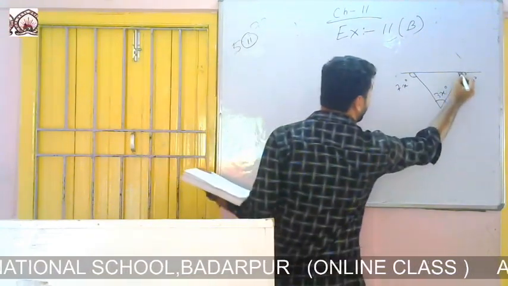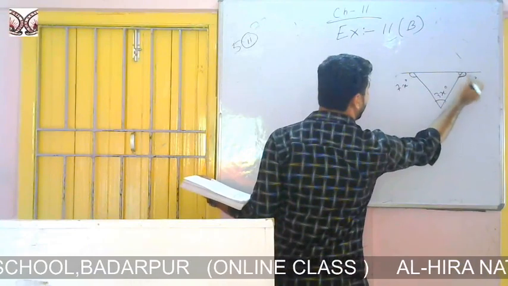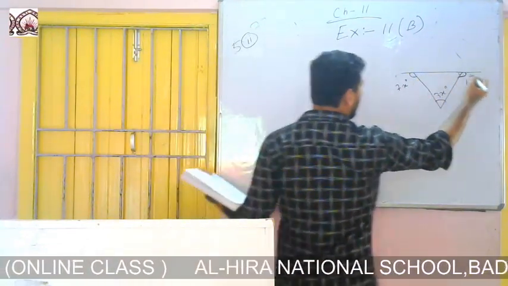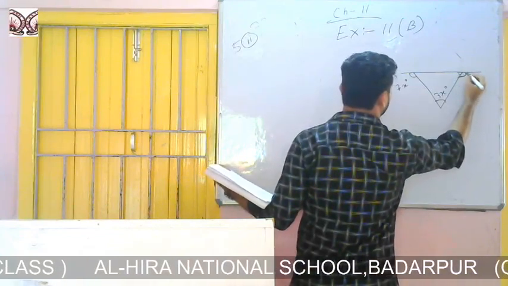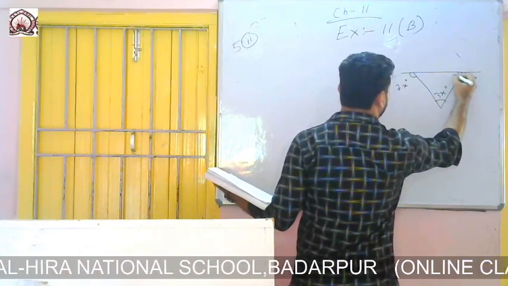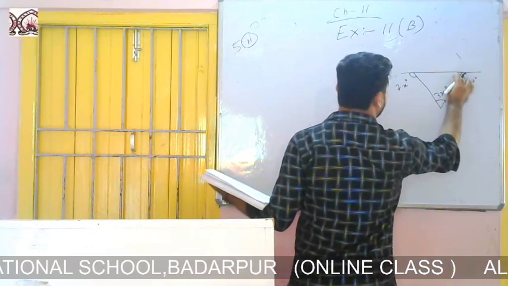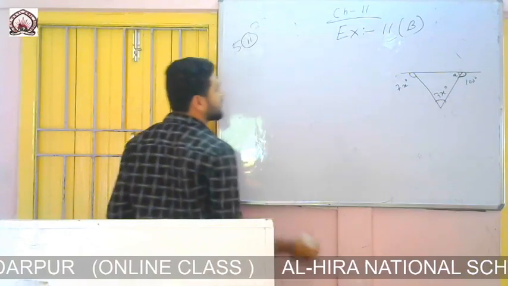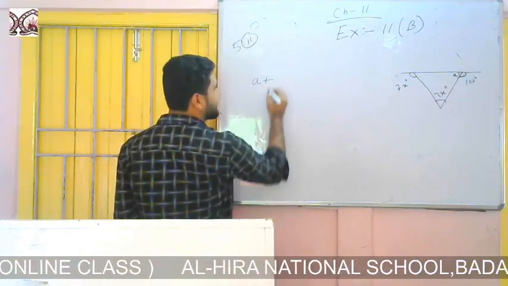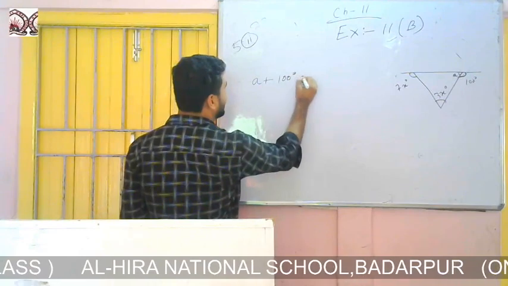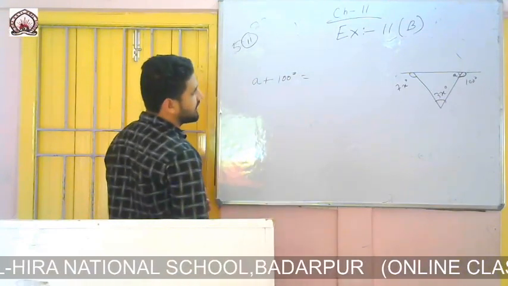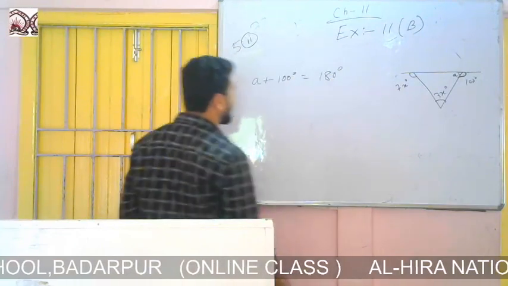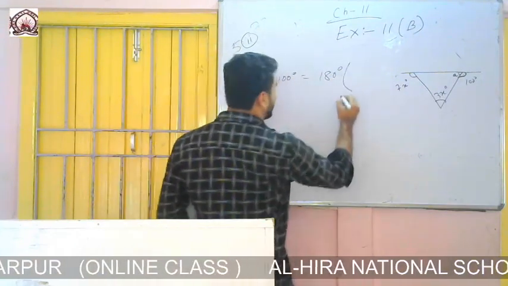So you can give a name here, like A. So write A plus 100 degrees equals 180 degrees, linear pair.